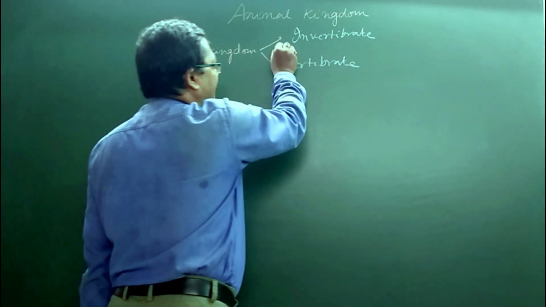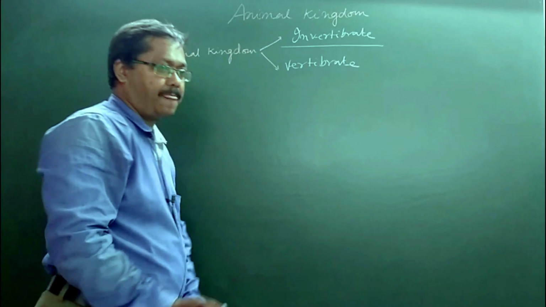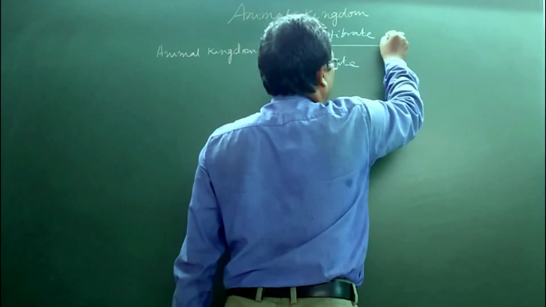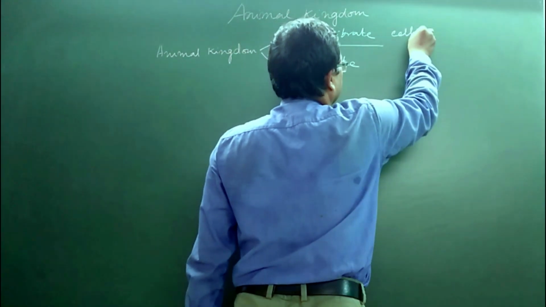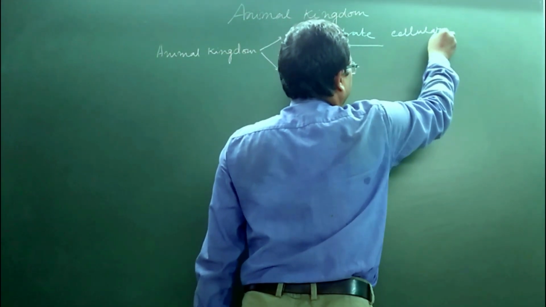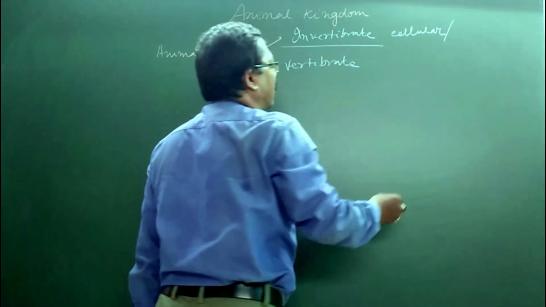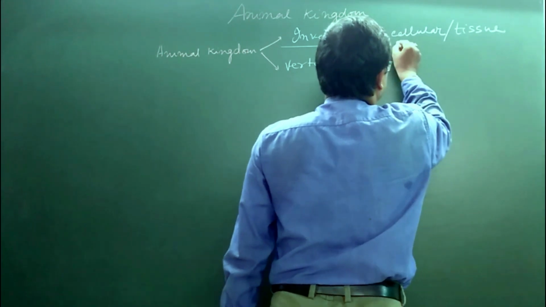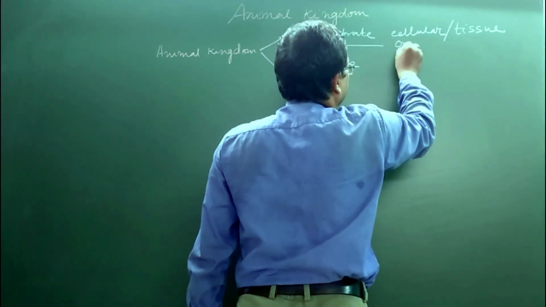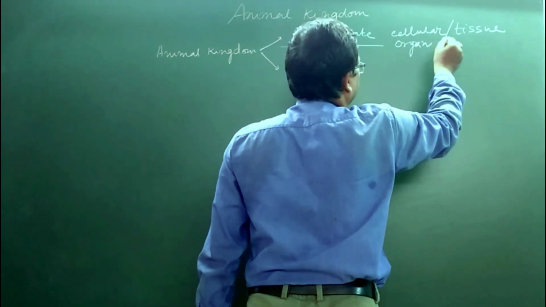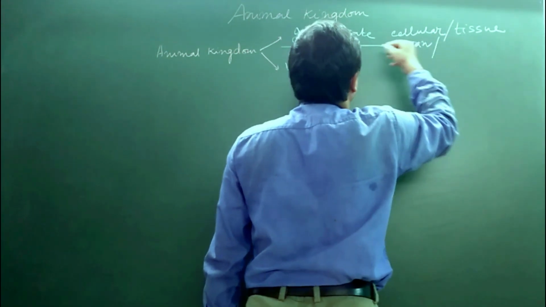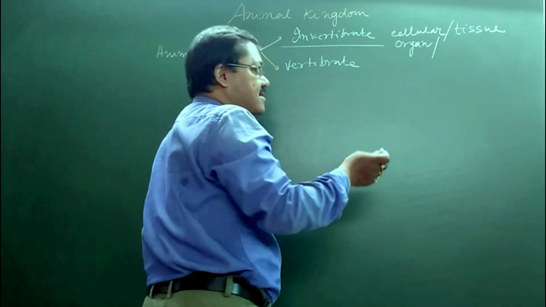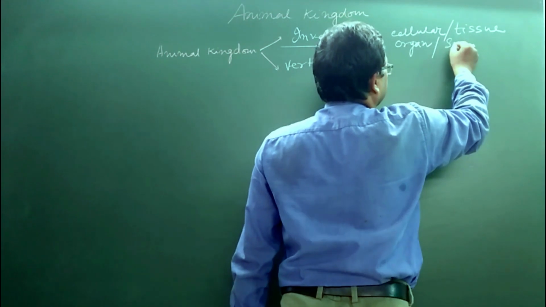Invertebrates are very simple. Their body starts from cellular organization, some organisms show tissue, some show organs, and even more advanced, some phyla show systems.